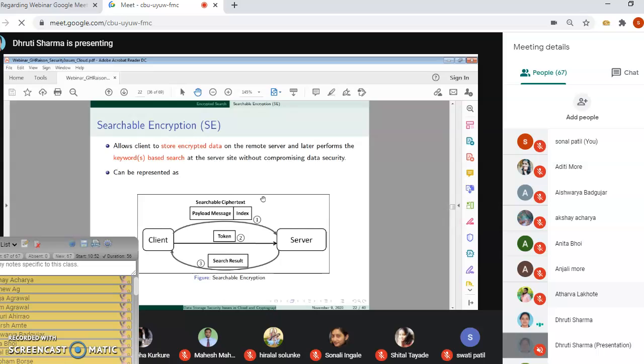Now these data are in terms of ciphertext, so they are in encrypted form. Now for performing encryption, suppose the client uses searchable encryption. So with searchable encryption, the original data like your email or maybe your document is taken as a payload message. One additional data structure is associated with this message. So that additional data structure, in terms of searchable encryption, is known as tags. Okay.